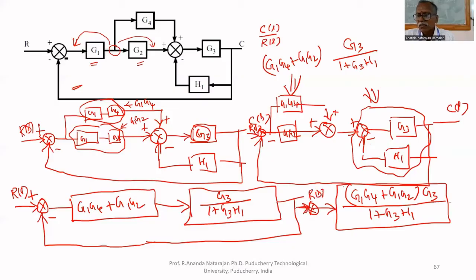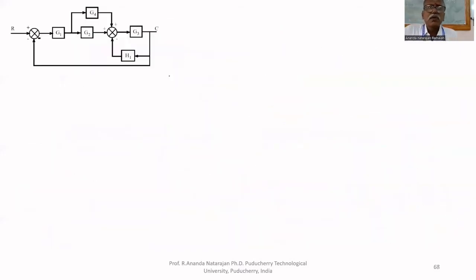R of S and this is C of S. Now we have to apply the seventh rule and simplify this. Here feedback is 1. No block is there, we have to take it as 1.